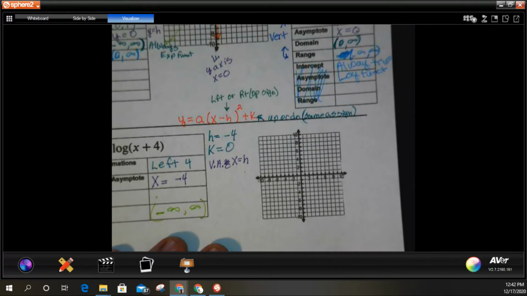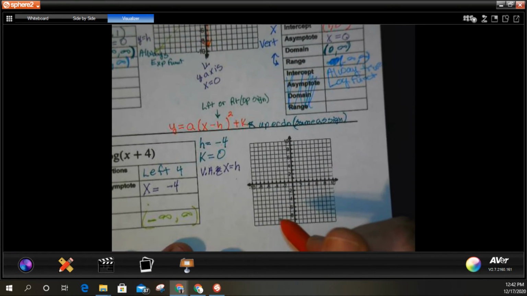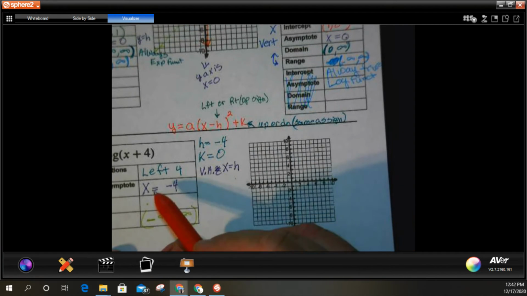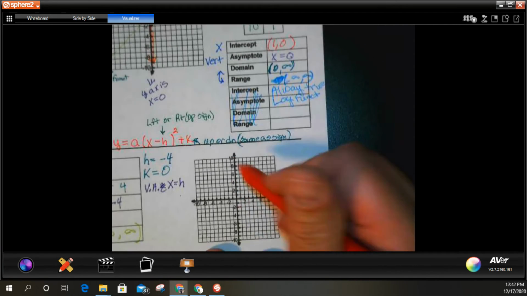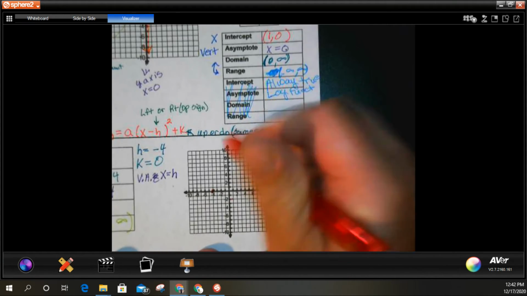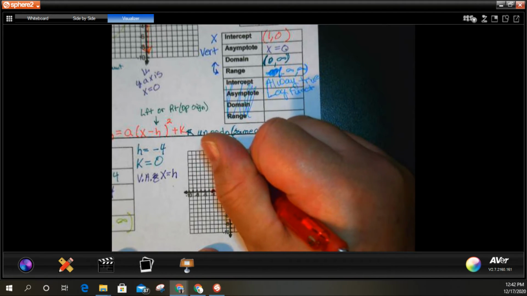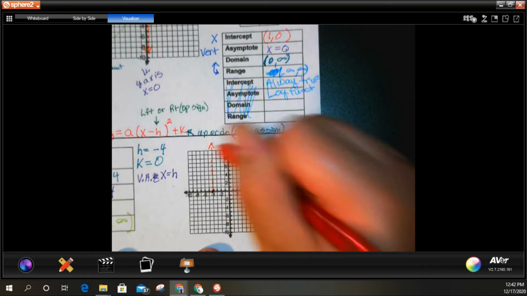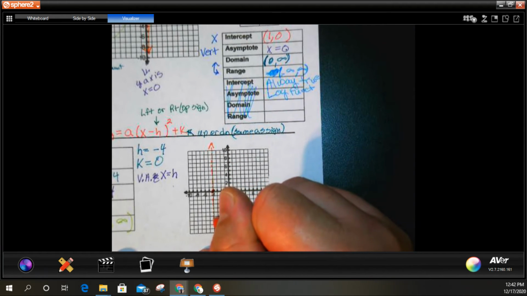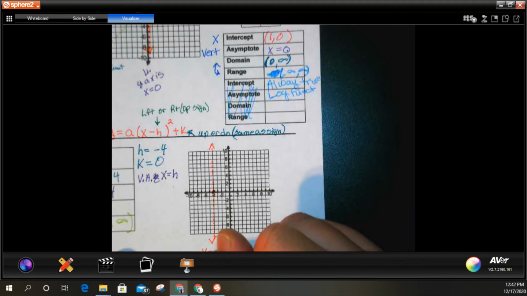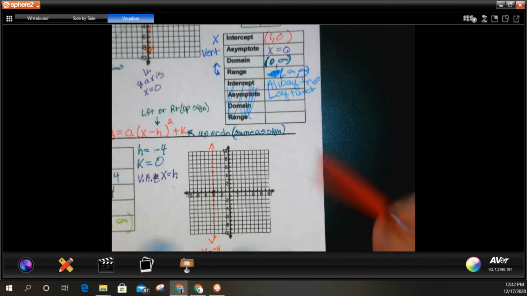I'm thinking since I have a vertical asymptote at -4, okay, here's my x equals -4, my vertical asymptote. I know I'm just thinking this off the top of my head. So this is the line x equals -4. My parent function started at 1, 0.